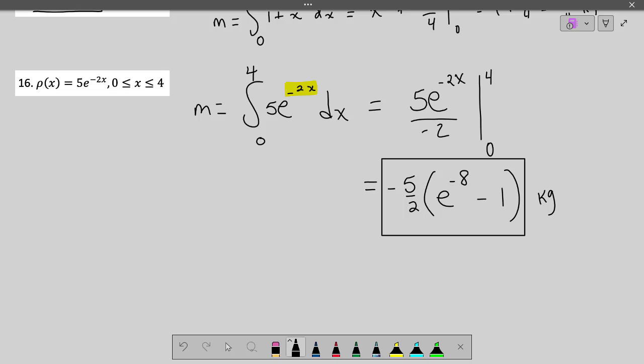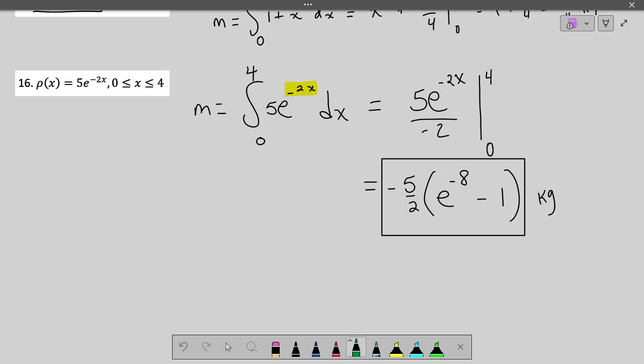Is there anything weird about that answer for kilograms? Is that a positive number? Certainly negative 5 halves is negative. I think it would be multiplied, both sides are going to be negative. Both factors will be negative, yeah.